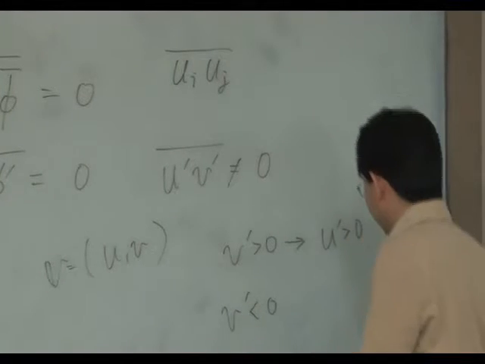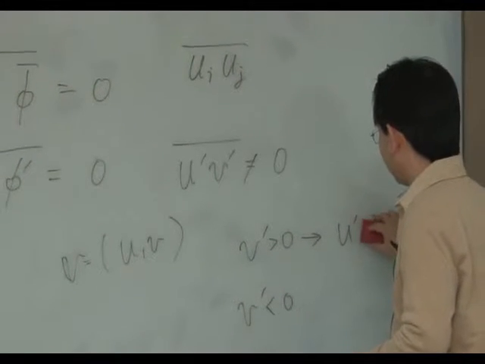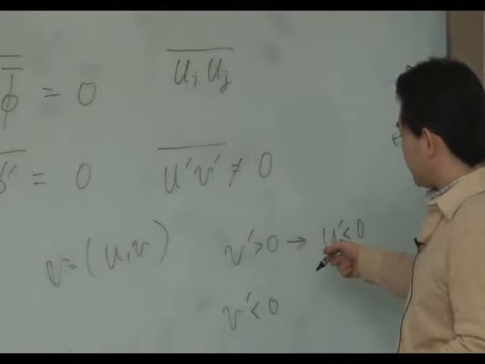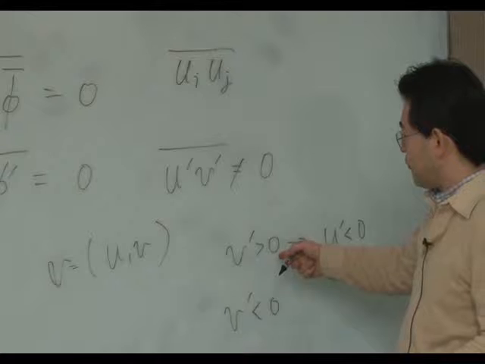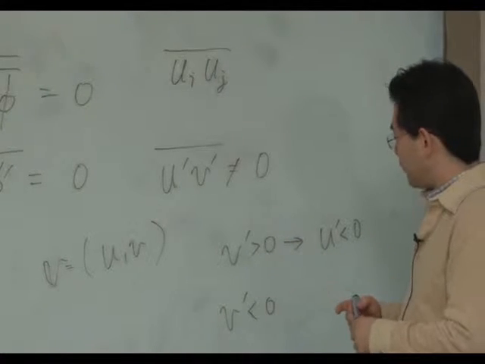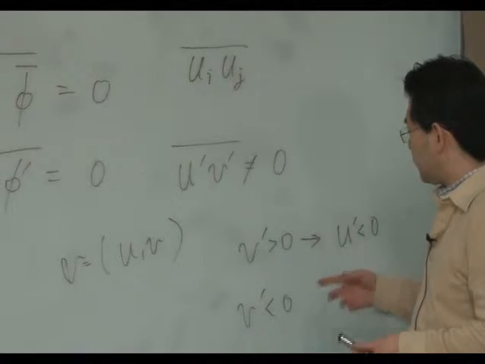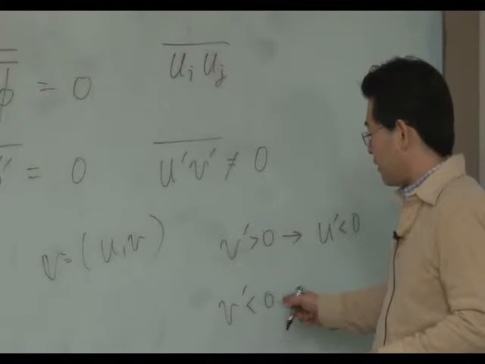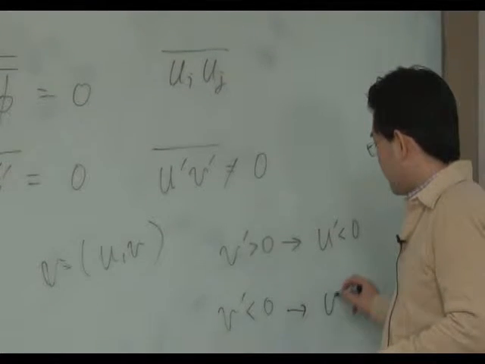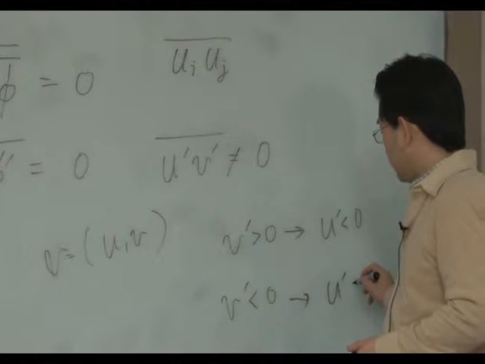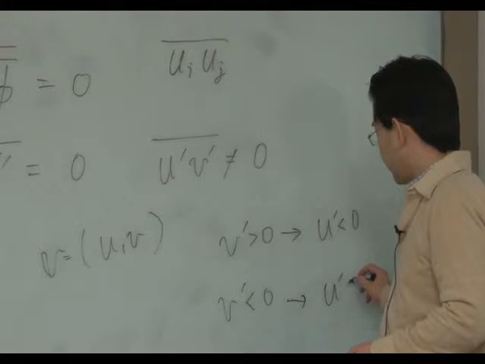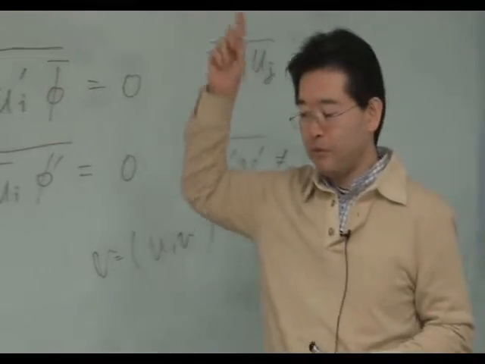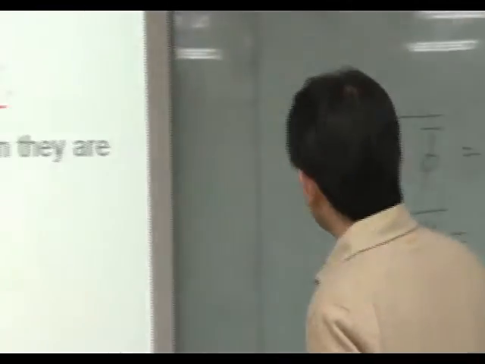I'm sorry, this situation is reversed. In this case, if v prime is positive, slow flow particle goes up, and if v prime is negative, high speed flow particle is going down from the upper position in the boundary layer.